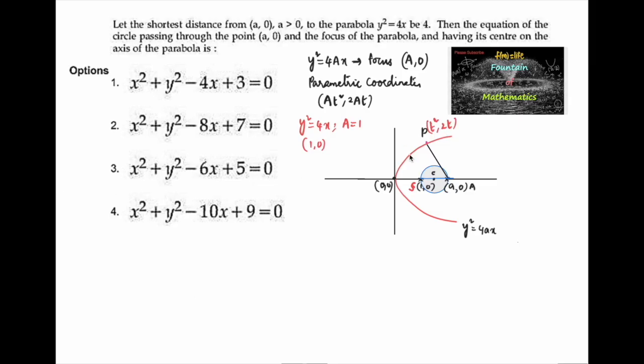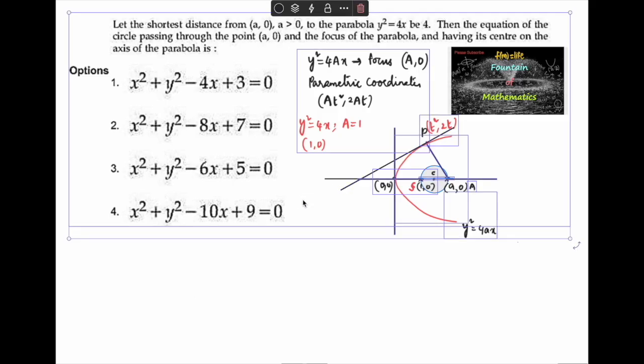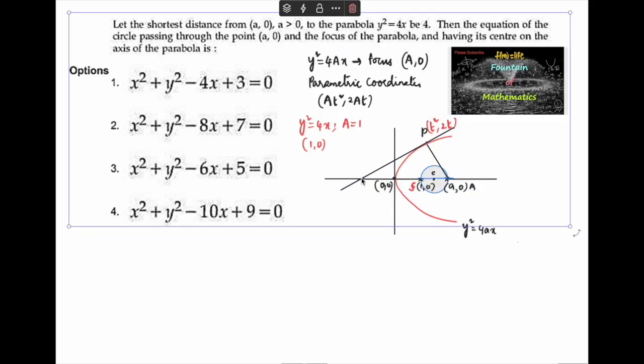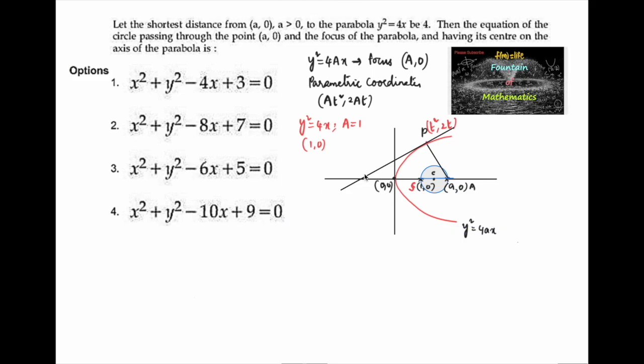Let's take a tangent at this point, which cuts the x-axis at a point, and the equation of the tangent also we can write. Equation of the tangent we can write it as yy1 is equal to 2a of x plus x1 is the equation of tangent at the point.